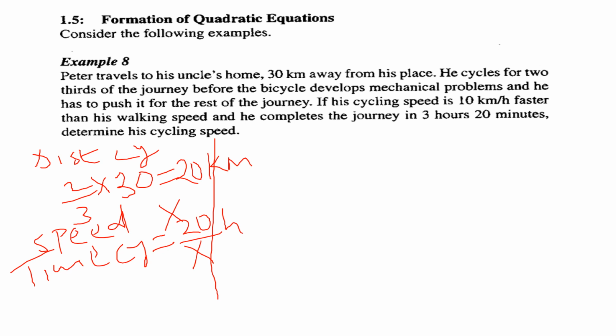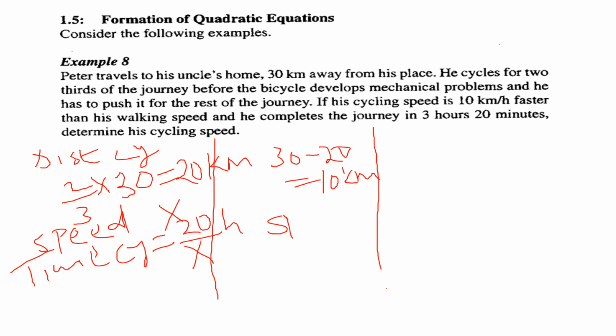Assuming that he had a speed of x, the time of cycling will be given by distance over speed, which is 20 divided by x. So that is the time that Peter cycled.